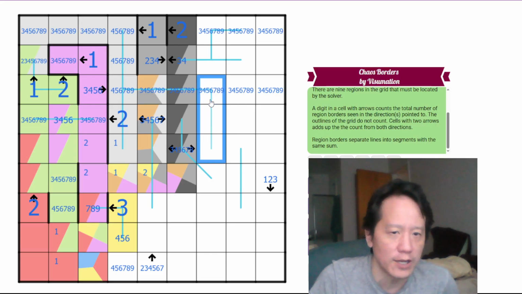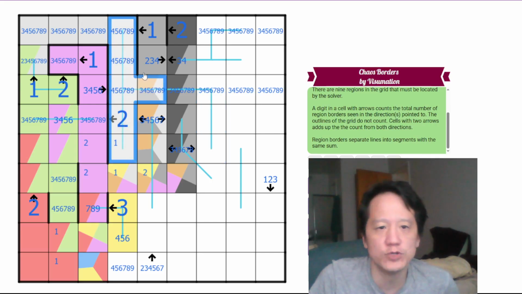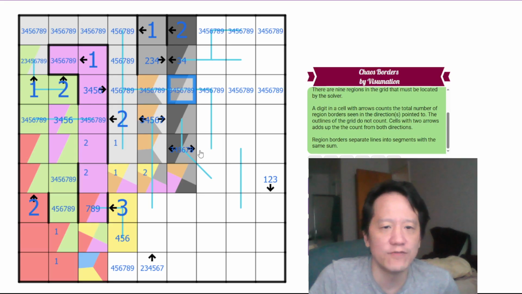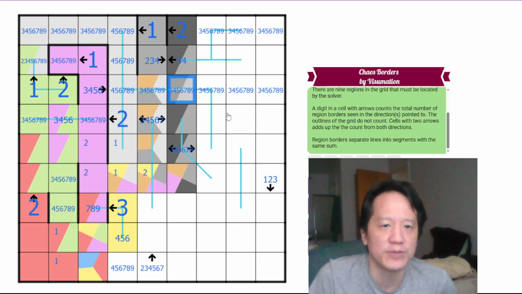If we tried 3 here, either this is part of the light region, which would then be 6, so that would be 21, and then this would have to be its own separate region, and that would be a single digit, which would add up to greater than 21 or greater, which is obviously not possible.